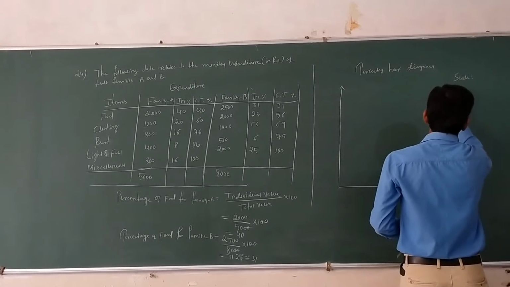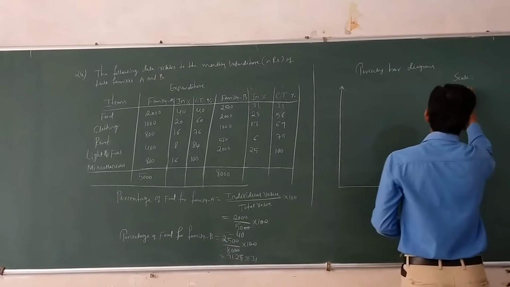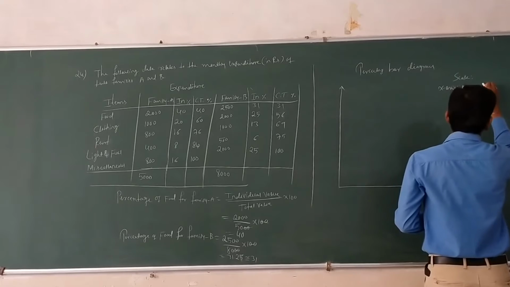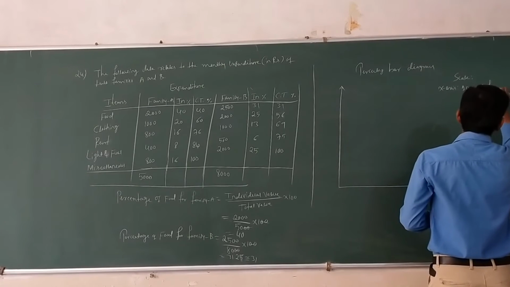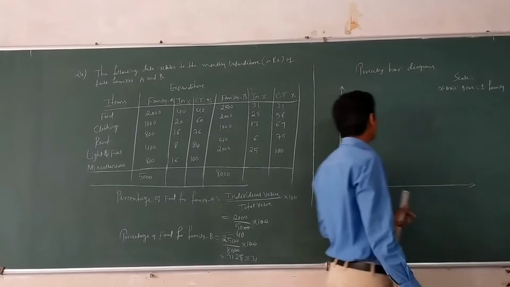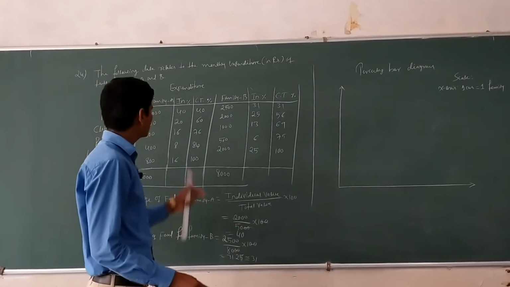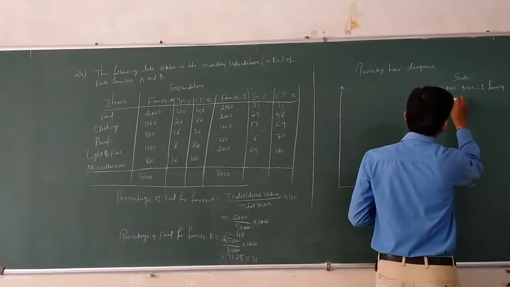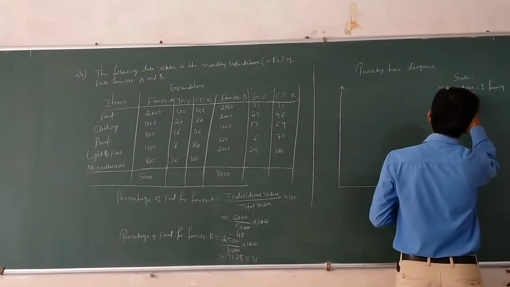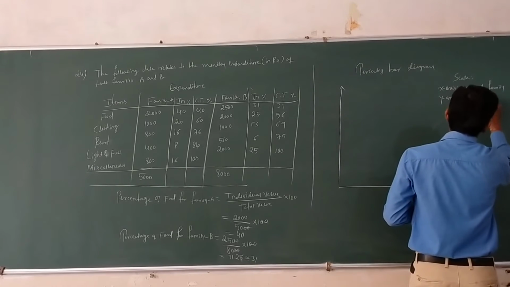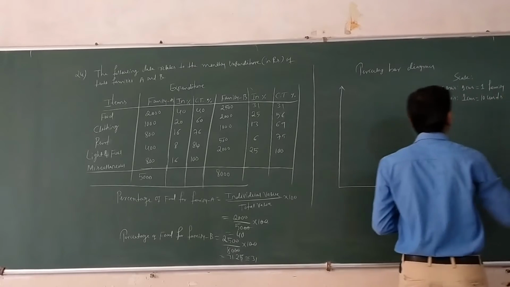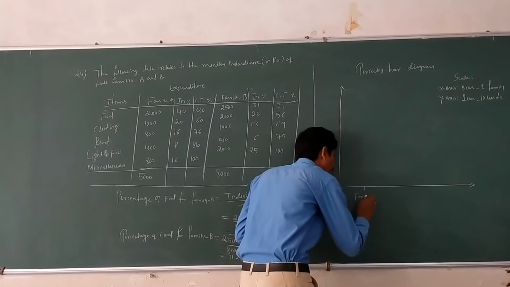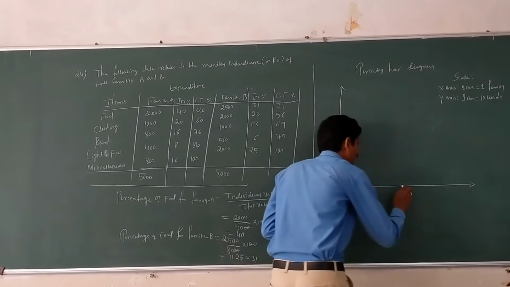On the X axis, 1 centimeter equals 1 family. On the X axis we take the families, family A and family B, and on the Y axis we take expenditures, with 1 centimeter equal to 10 units. This is family A, and the next is family B.